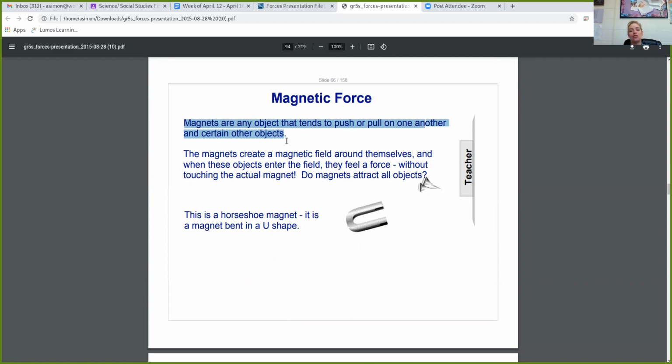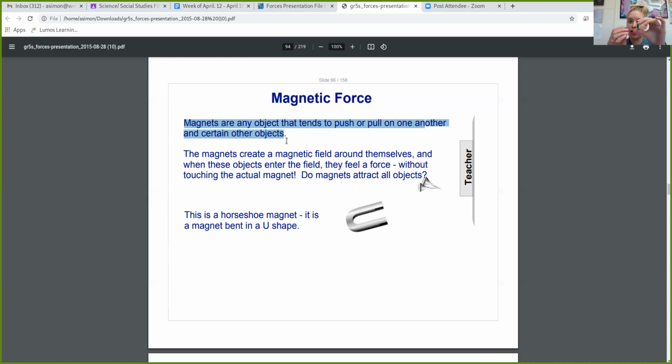So do magnets attract all objects? Well, if we think about that, no, we know magnets do not attract all objects. For example, I have these two magnets here. If I had a paper clip, as I get it closer, it pulls into that paper clip. Right, and we can see that.